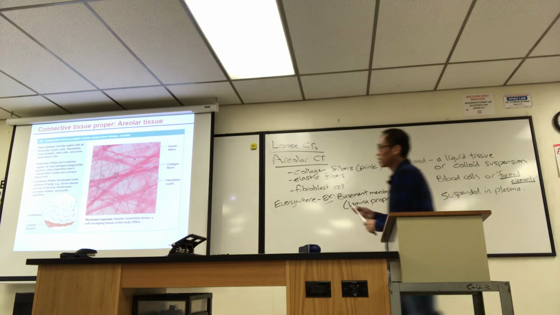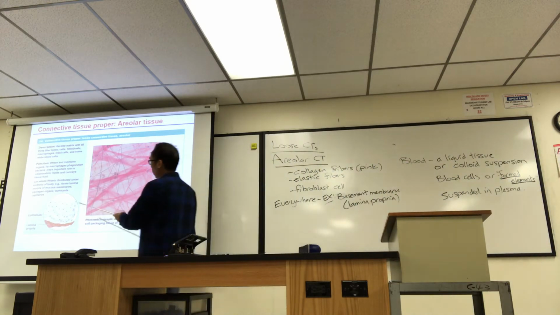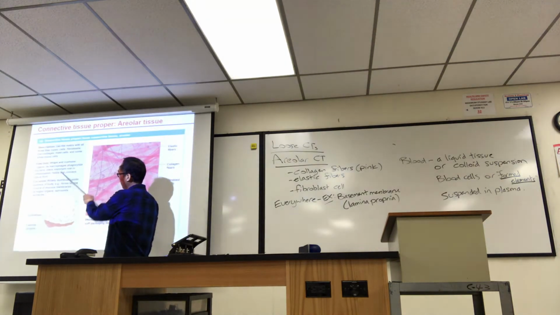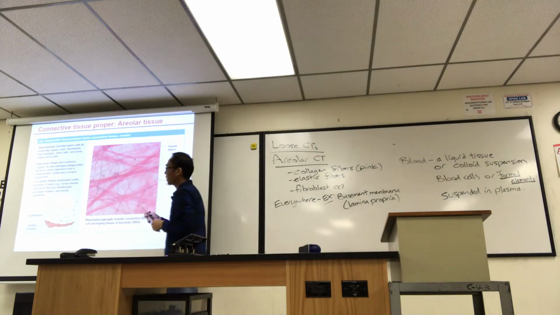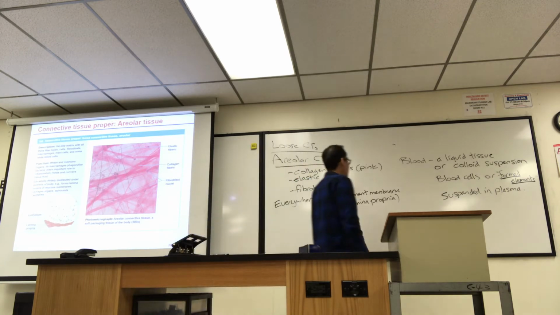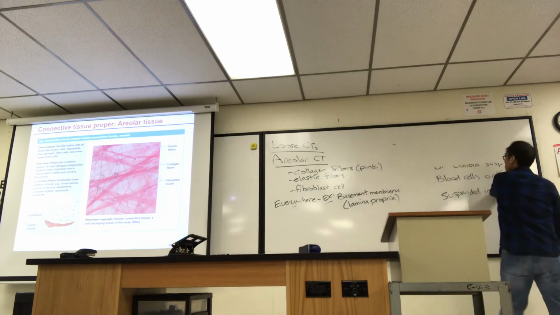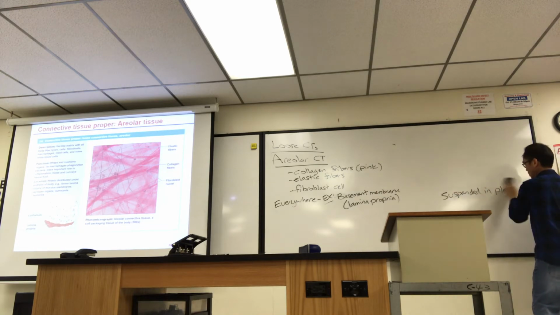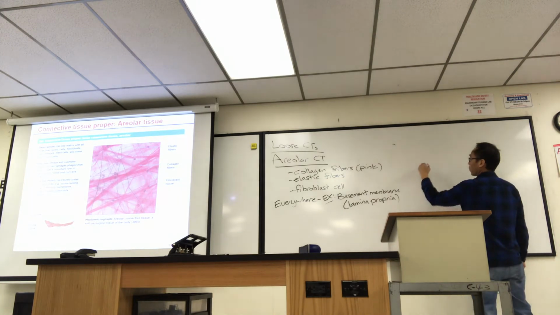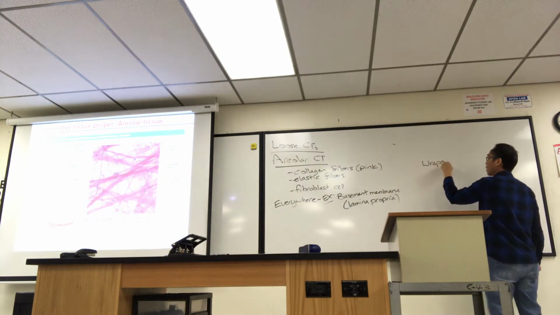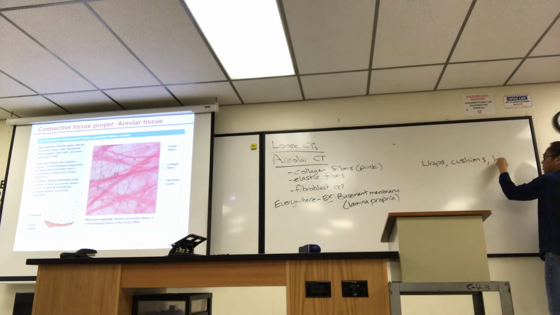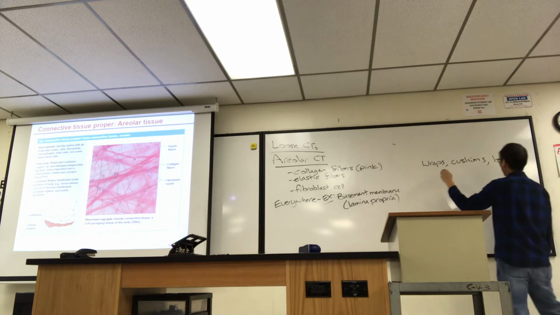The function, I kind of like what they put. It wraps, cushions organs, and its macrophages phagocytize bacteria. So it does play an important role in inflammation. So it holds and conveys a lot of tissue fluid. So I'll say wraps, cushions, binds structures together.